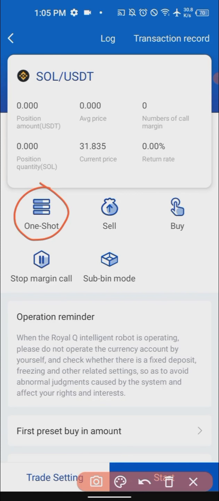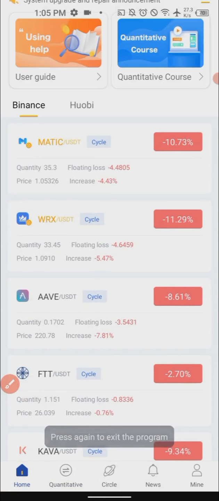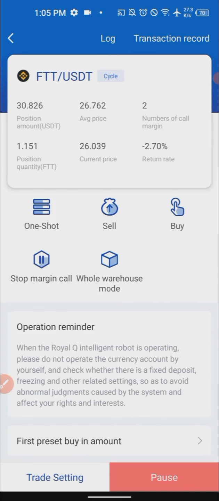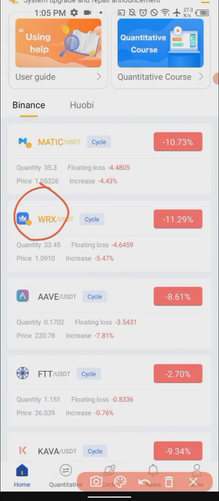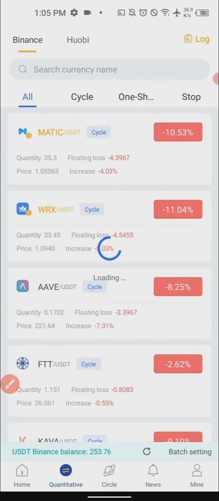That is why when you come back to the home page, you can see cycle here. All these coins are on cycle. By cycle, it means it sells, it buys, it sells, it buys. That's why in the notification, the messages are saying buy, sell, buy, sell, and all of that. So let's go back again to Solana.